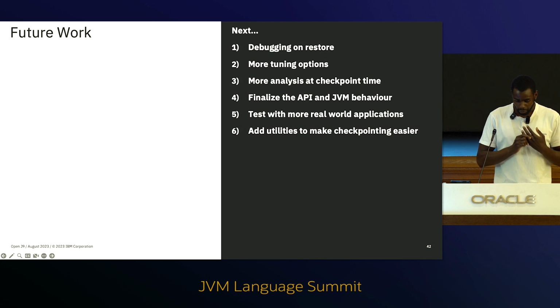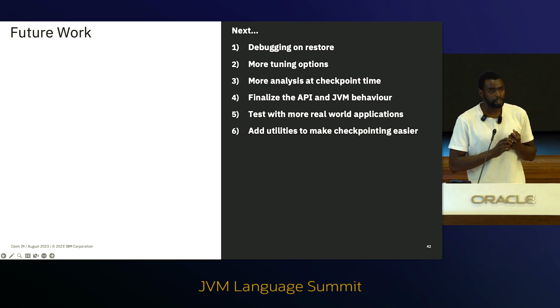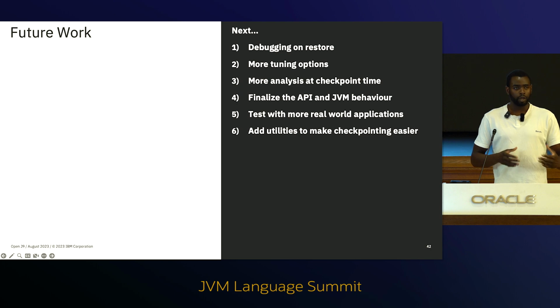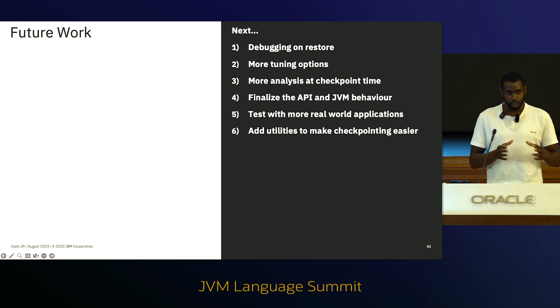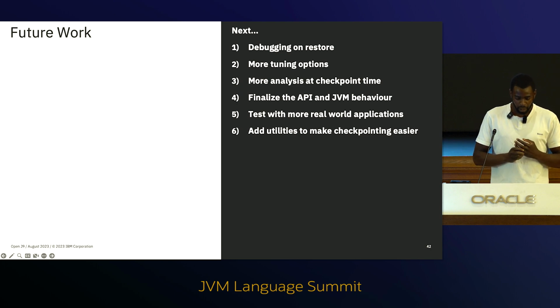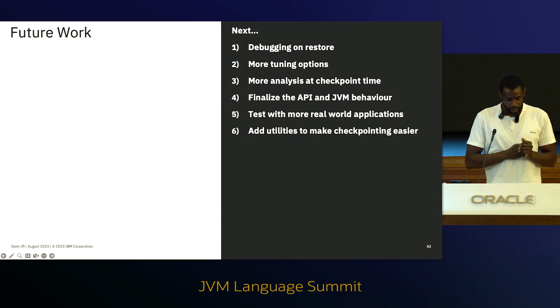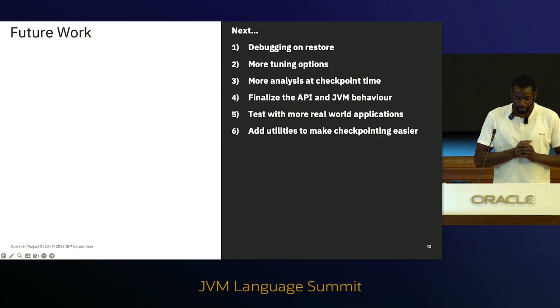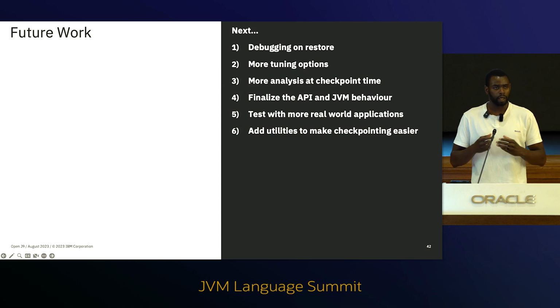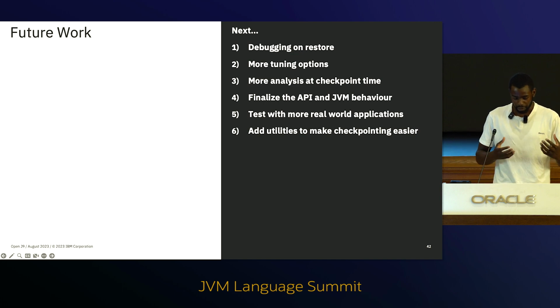There's a bit of work required there. Also, we want to add some options to modify heap geometry so that you can target different sized nodes, and also detect more container limits in response to those. We also want to finalize the API. So this means figuring out the things that the user might need and seeing what other things we can do in the JVM to simplify this process.